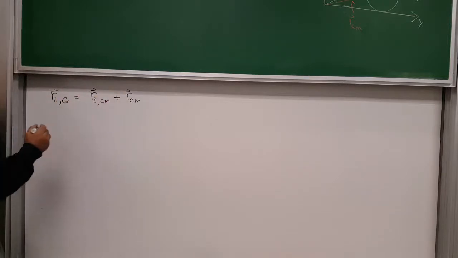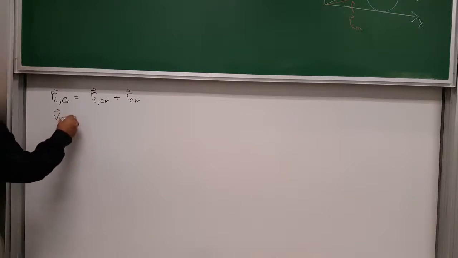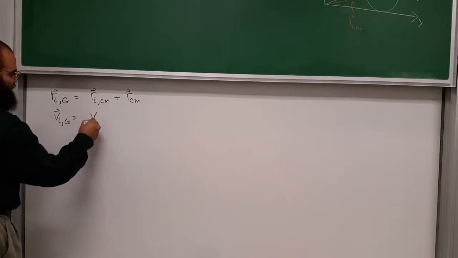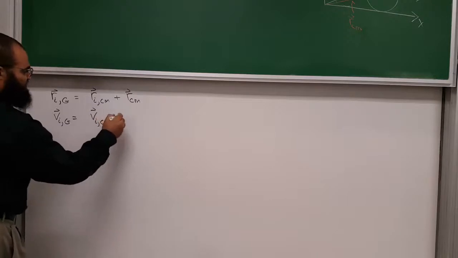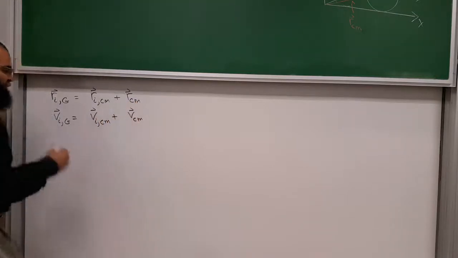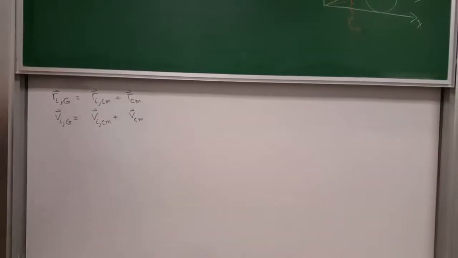The velocity will be the derivative of this. The velocity of i relative to the ground will equal the velocity of i relative to the center of mass plus the velocity of the center of mass. Just take the derivative. Okay.